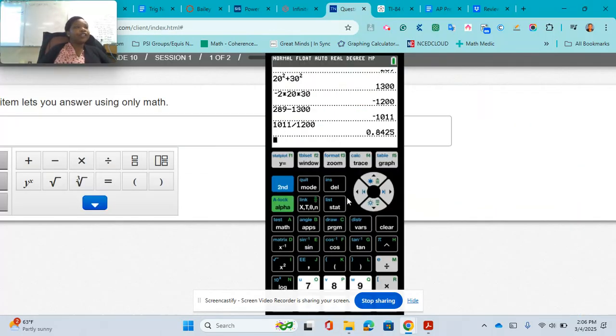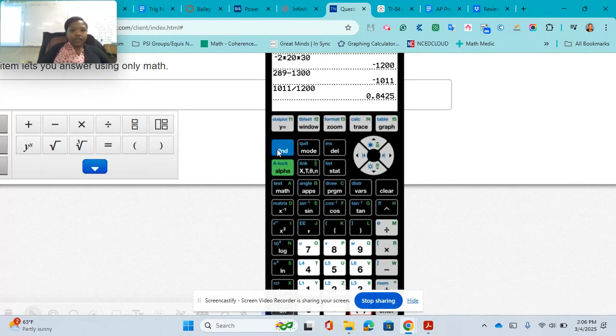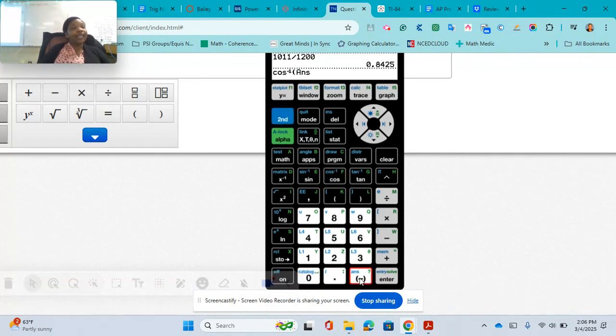All right. So in my calculator, I don't want to write all those decimals. Why work hard? Work smart. Second, cosine. Second, negative one to plug in the answer from previously in parentheses and enter.